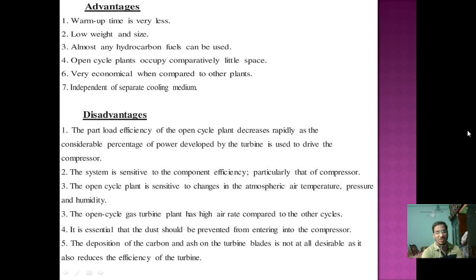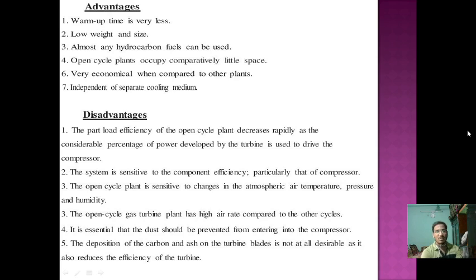It is essential that dust be prevented from entering the compressor. Because it's an open cycle, dust from the atmosphere may also enter, maybe go to the compressor, so the air will be disturbed and may not be compressed as per the requirement.